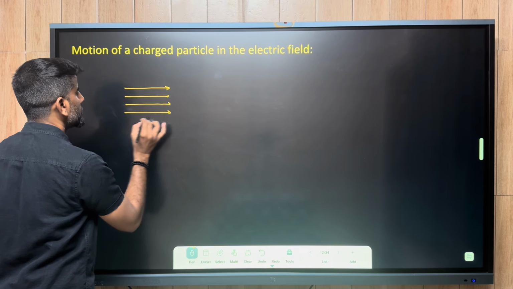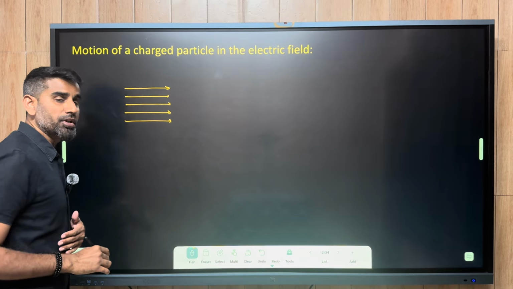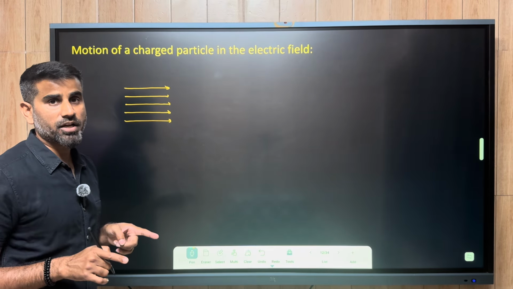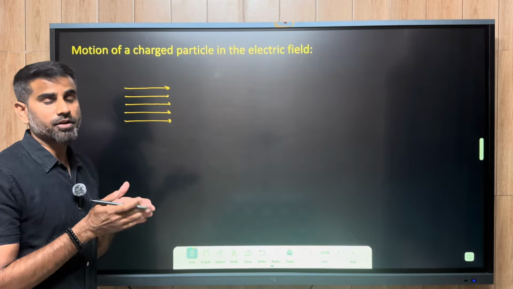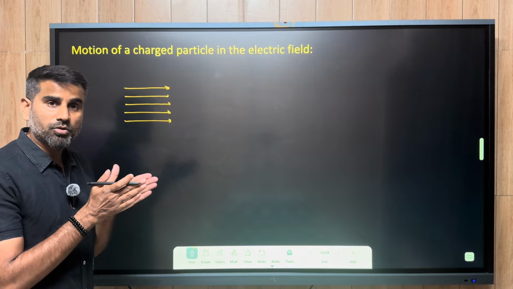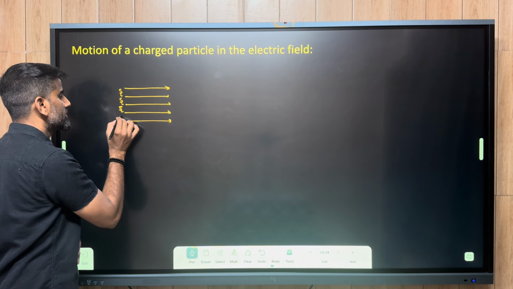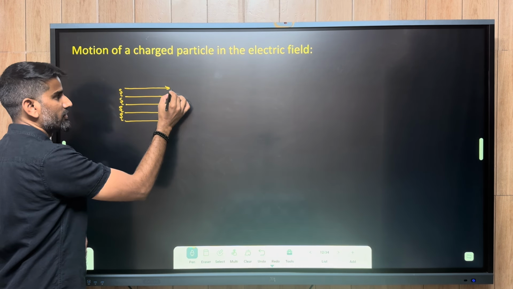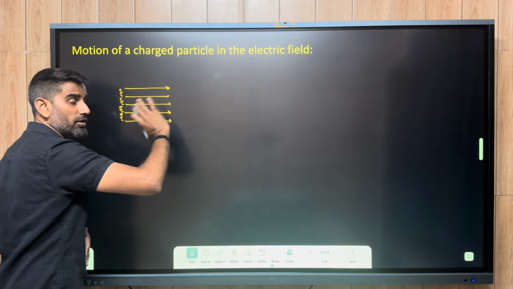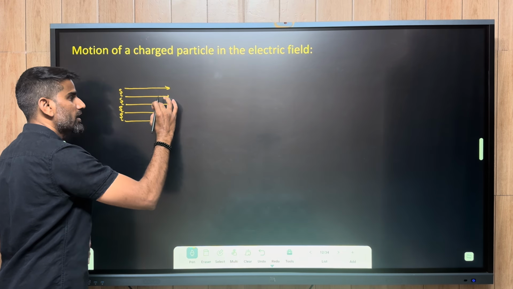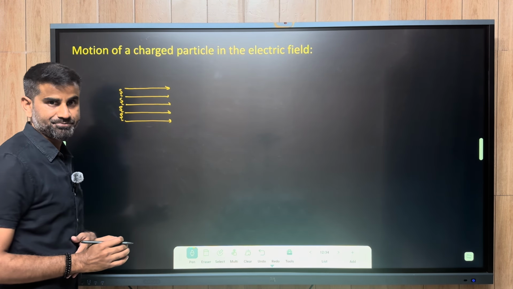We represent uniform electric field with arrows in the same direction, parallel to each other, separated by equal distances. So this is the electric field. Direction is to the right and the spacing between the lines is all the same.